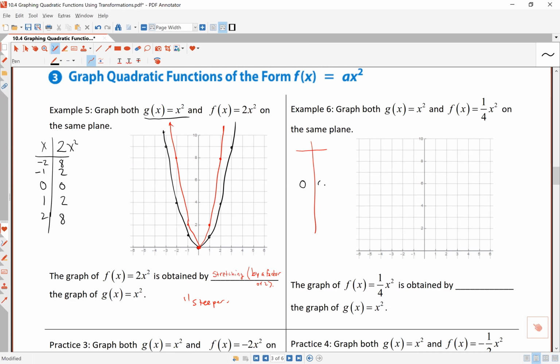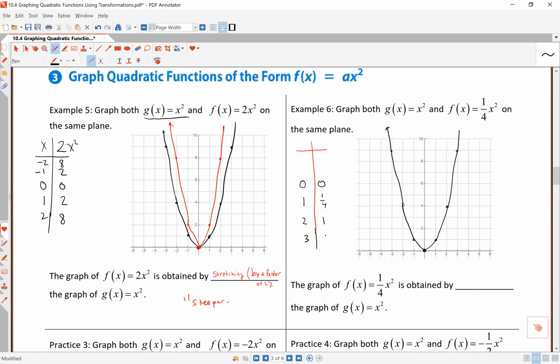Zero, 0 still. Original graph 0, 0, 1, 1, 2, 4, 3, 9. And the new graph then, 1 squared is 1 times a fourth is a fourth. 2 squared is 4 times a fourth is 1.